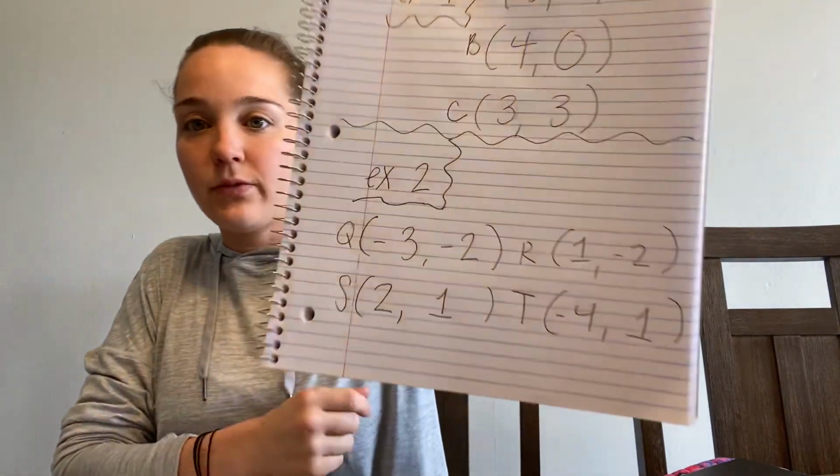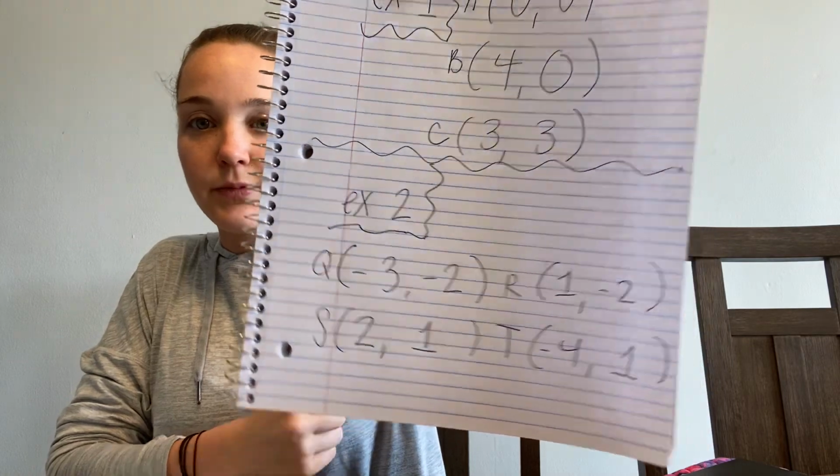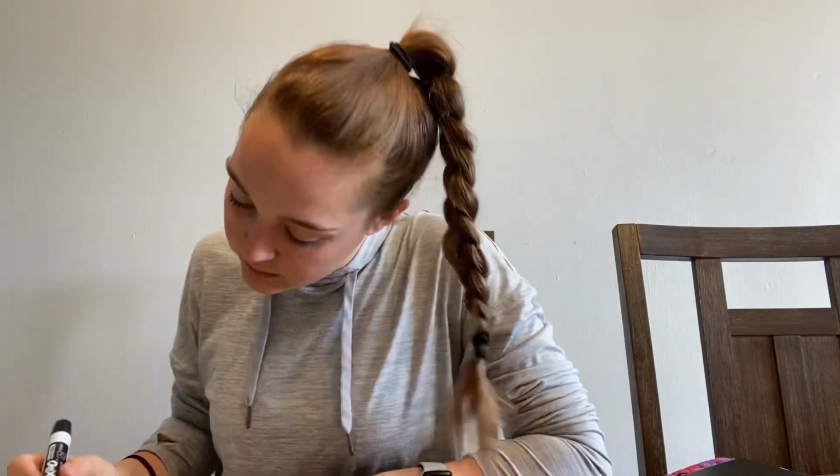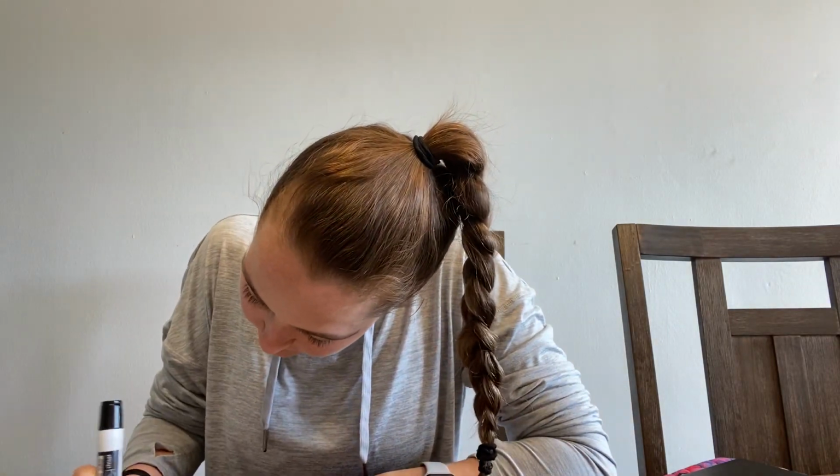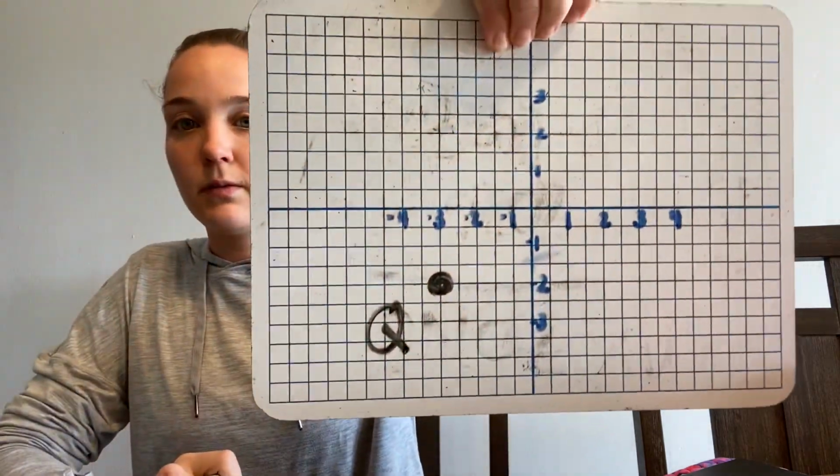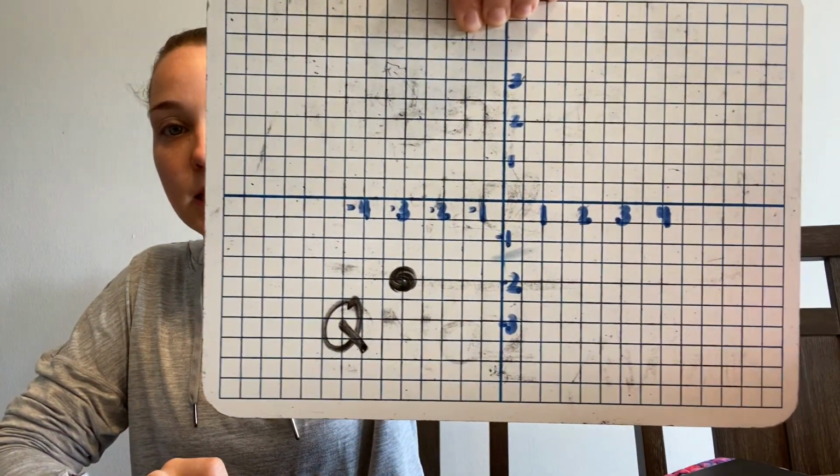And so we're gonna graph Q first. Q is -3, -2. R is 1, -2.